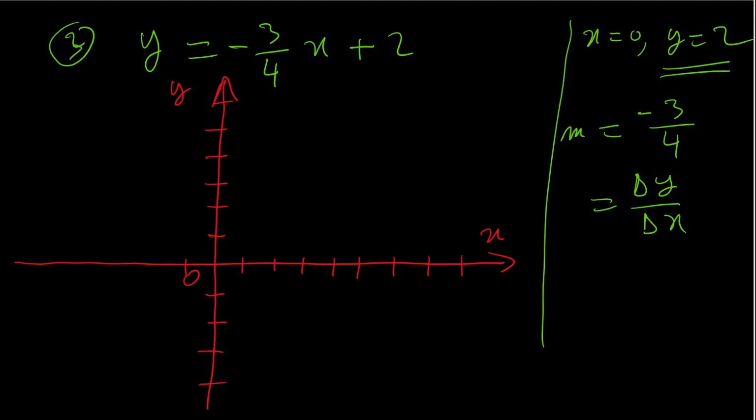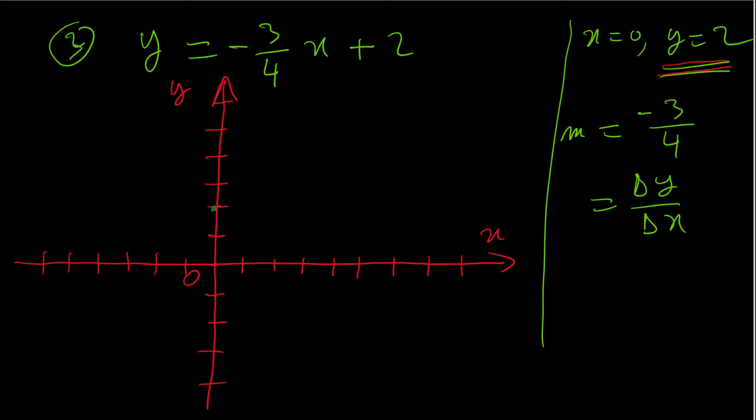And then we are going to try to do this graph together. Now again, we start with the y-intercept. So when x equals 0, y equals 2, which is this point here. So from 0, we go y is 2. So this is, let us use a different color.